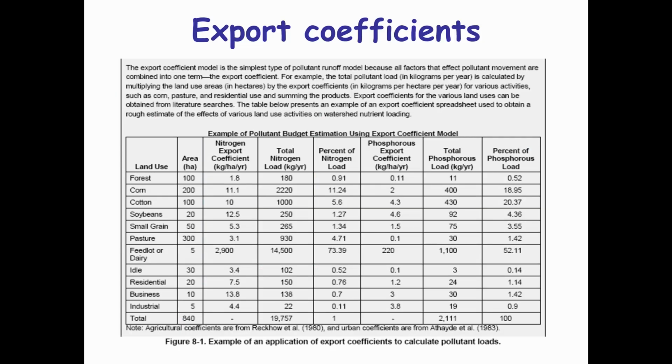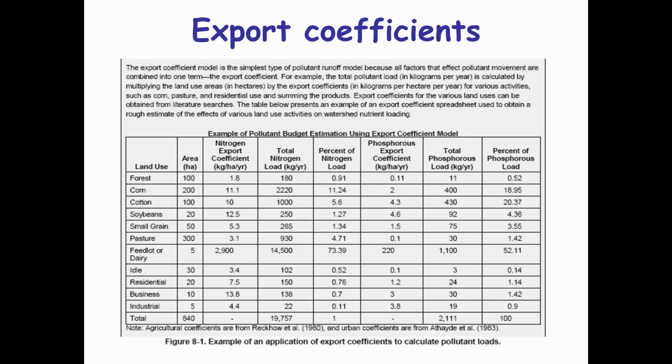Some idea of the export coefficients that one might use is given here. So as an example, for forested area, nitrate export coefficient, this is in kilograms per hectare per year, it says nothing about how much runoff is occurring, is 1.8 kilograms per hectare per year, whereas for corn, it's 11.1 kilograms per hectare per year.